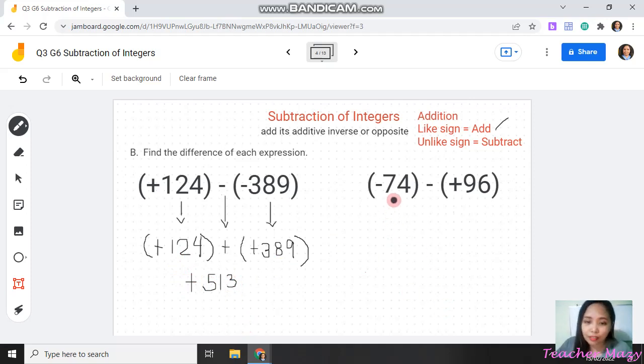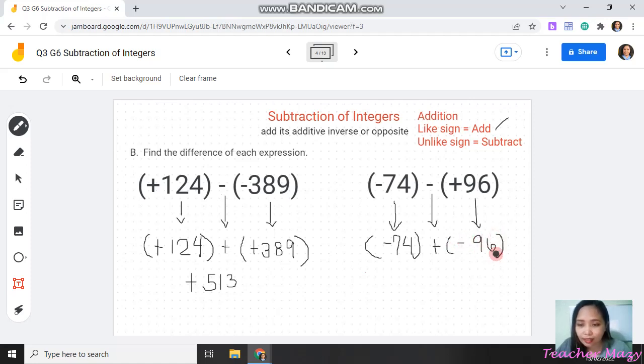Okay, next, for this third given, same step, same procedure. Negative 74, just copy it. And then change the operation from subtraction to addition. And of course, get the inverse of the subtrahend, which is positive 96. It becomes negative 96.